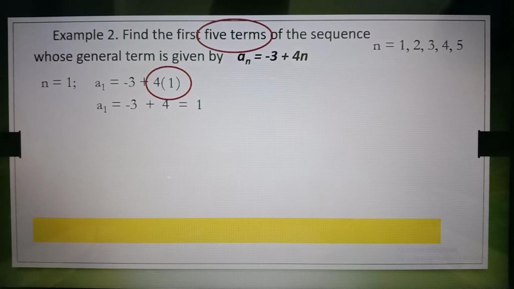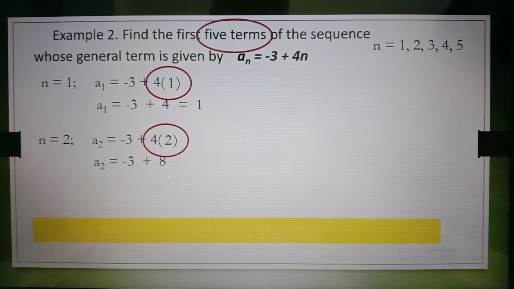So, kung hanapin natin ang second term, we have a sub 2 equals negative 3 plus 4 times 2. So, 4 times 2, we have 8. Then copy, a sub 2 equals negative 3.